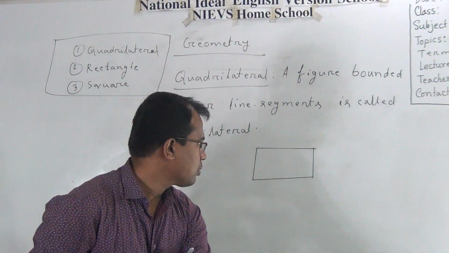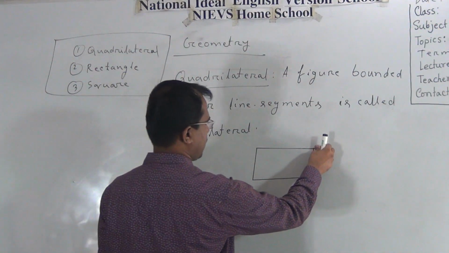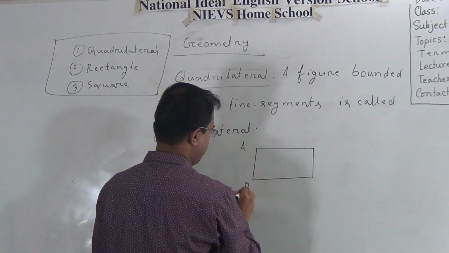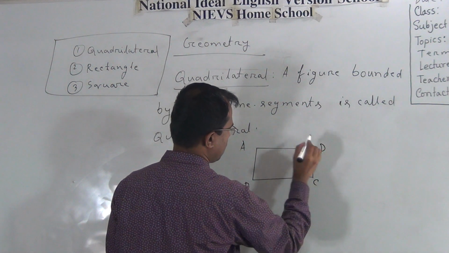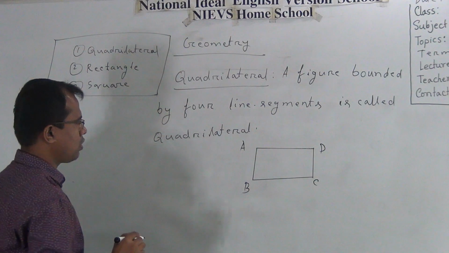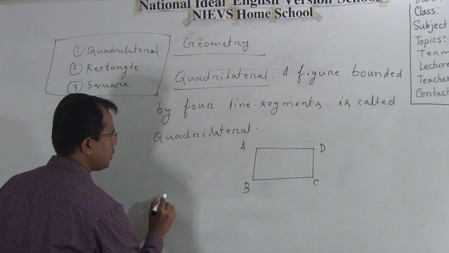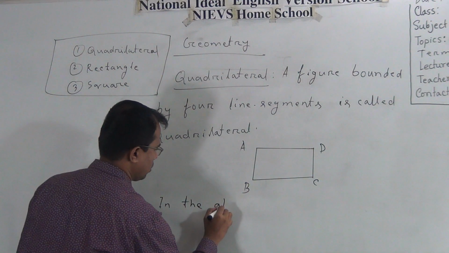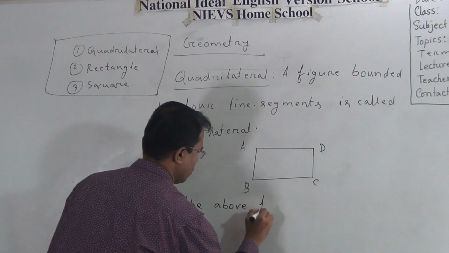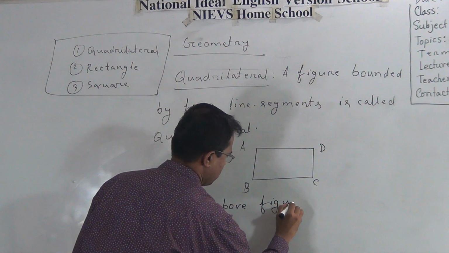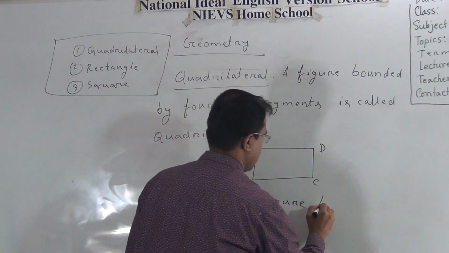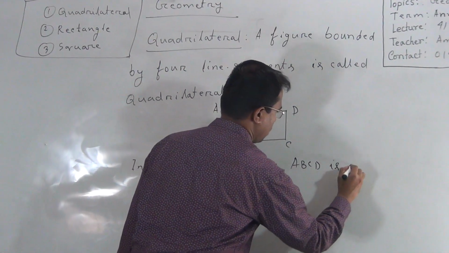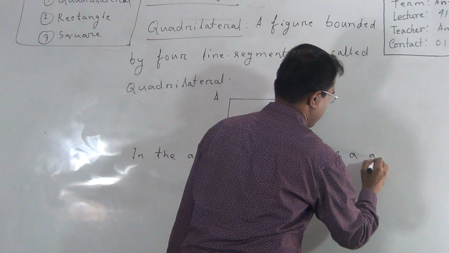Here total four line segments exist, and the line segments make a bounded region. So we can say that ABCD is a quadrilateral. In the above figure, ABCD is a quadrilateral.